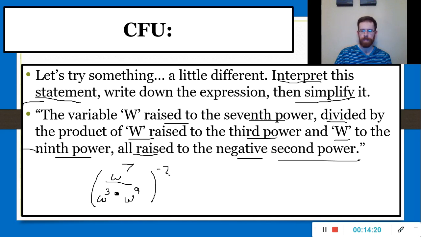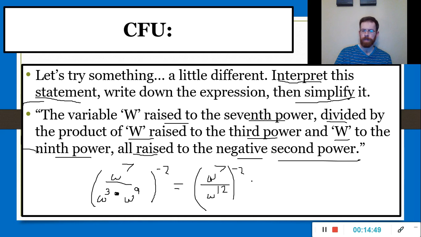Well, that looks pretty much exactly like the problem we just had, except we have a product on the bottom. So do that product first. W to the 7th, and this is a w. Now, 3 plus 9 is 12. Did I write the same problem? Anyways, besides the point.